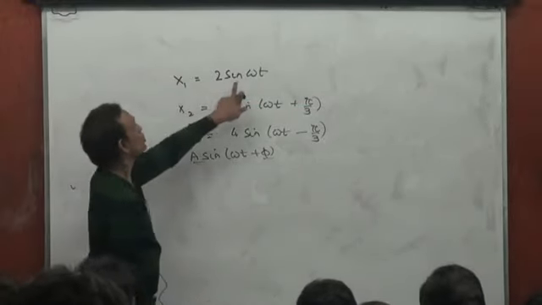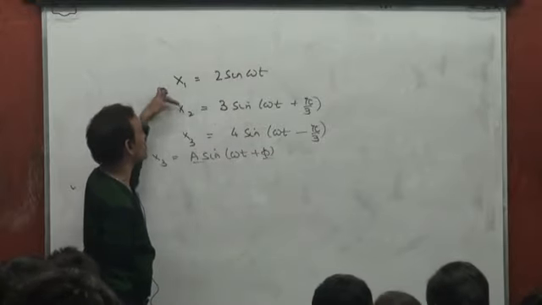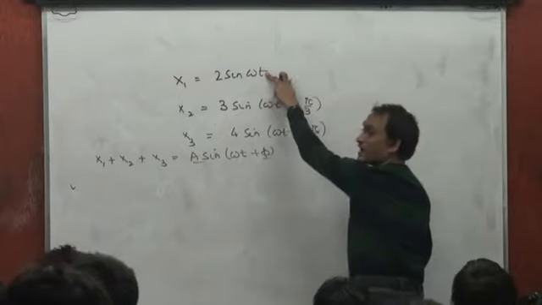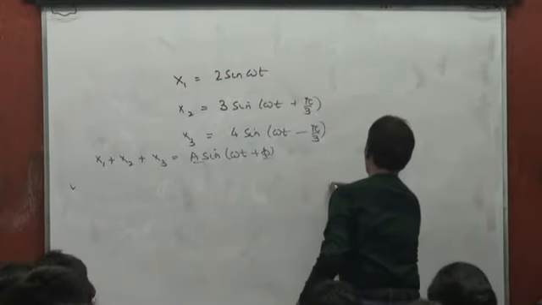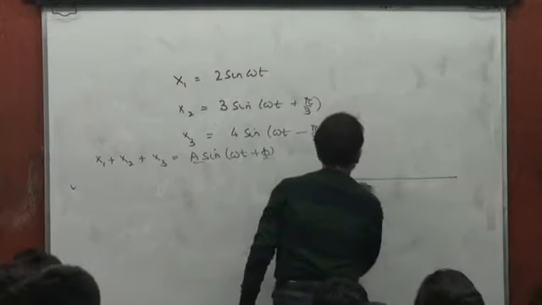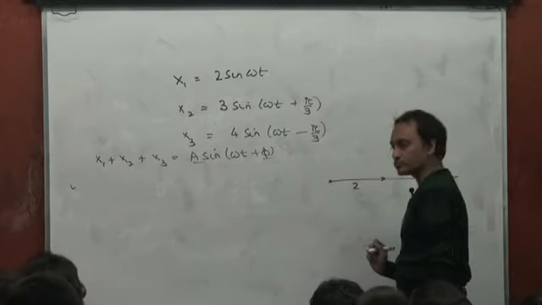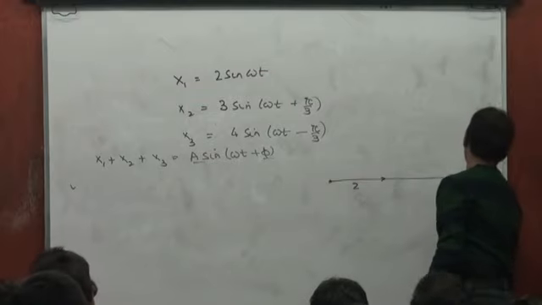All that we do is a phasor representation of x1, x2, x3. The phasor for x1: this is the zero phase line. So along the zero phase, draw a vector of 2 units magnitude.